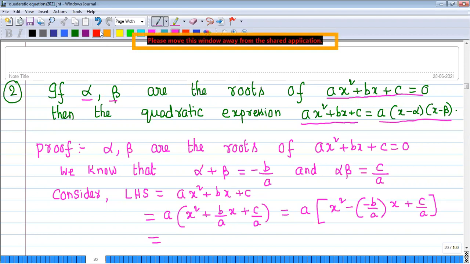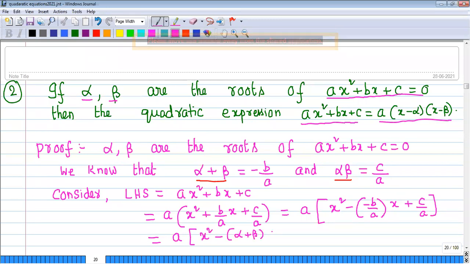Now, in the place of minus b by a, I replace alpha plus beta. In the place of c by a, I replace alpha beta. Then what do we get now? A times x square minus of alpha plus beta, the sum of the roots, into x plus the product of the roots, that is alpha beta.